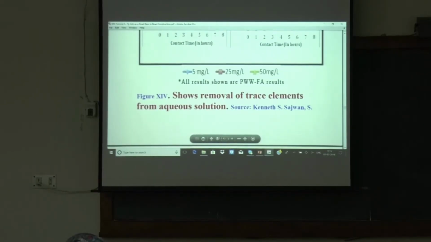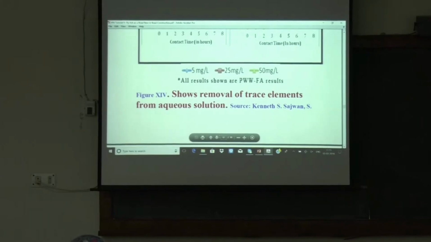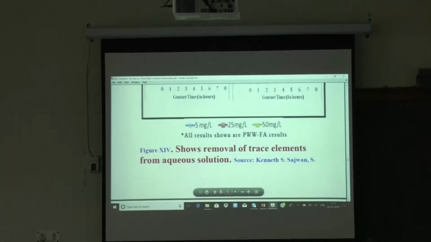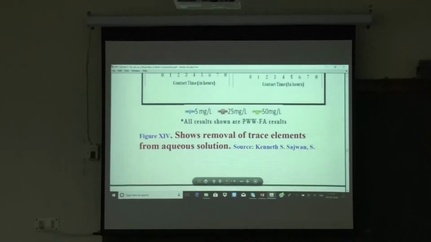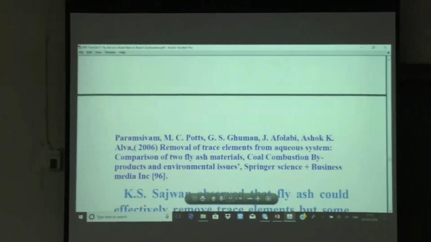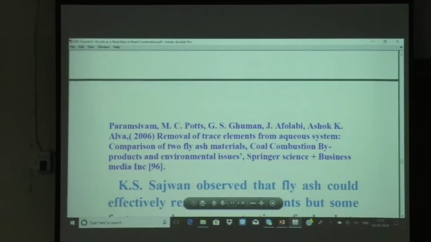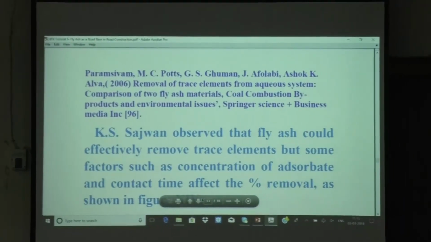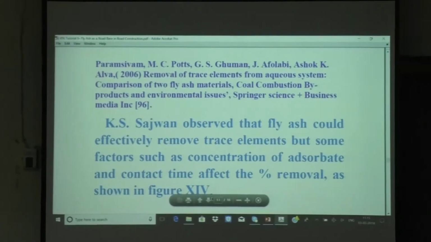This figure shows removal of trace elements from aqueous solutions, and the sources are Kenneth, then Sajuan, and Paramasivam, and quite a few people, about 10, 12 years ago, published in Springer Science and Business Media.